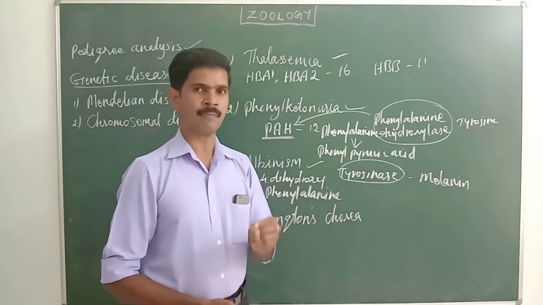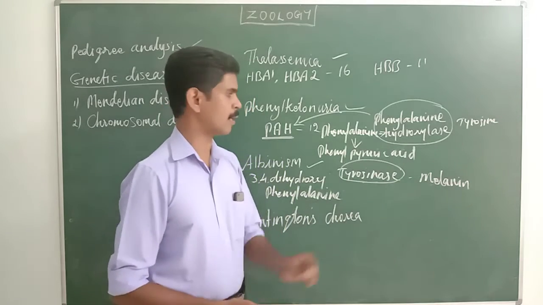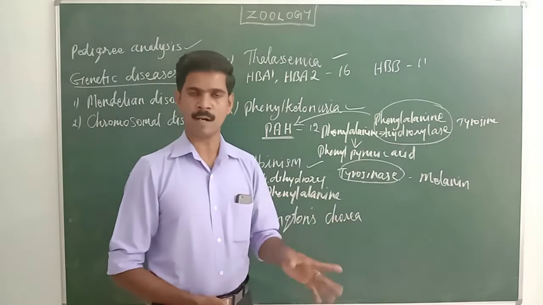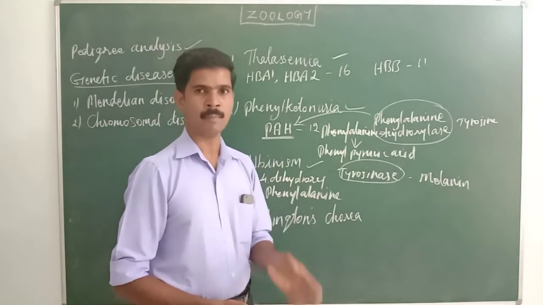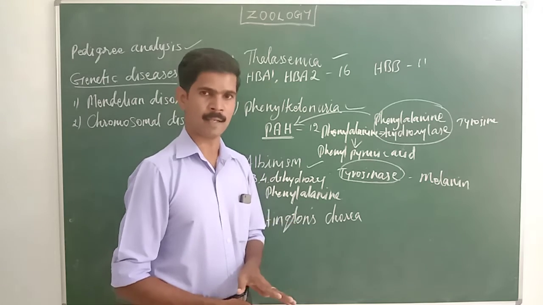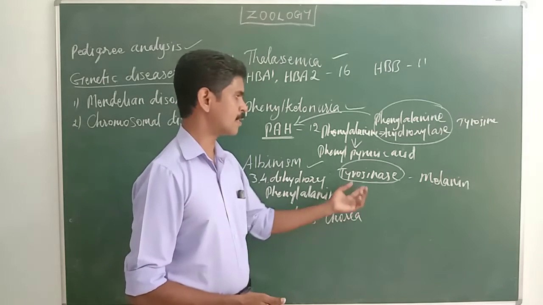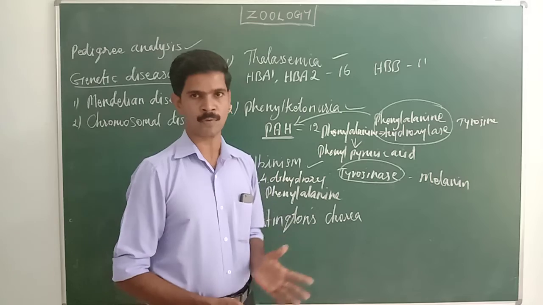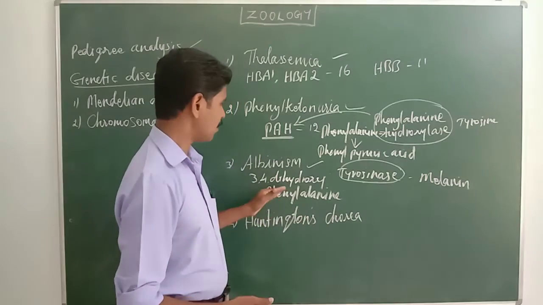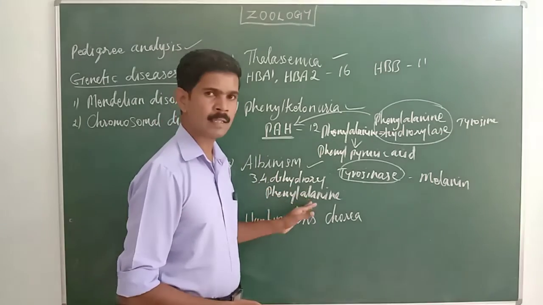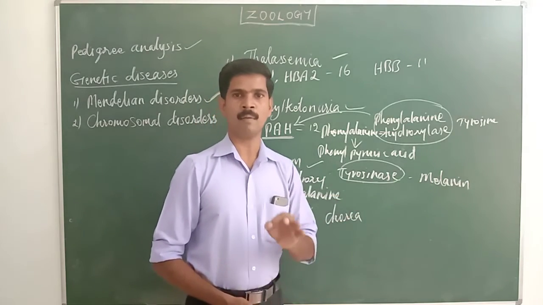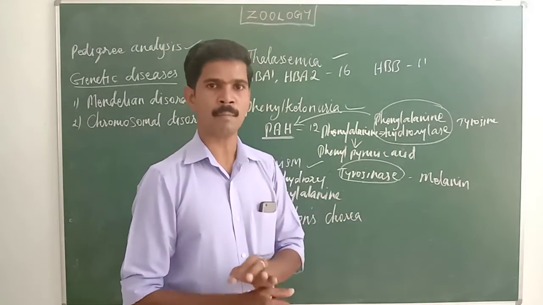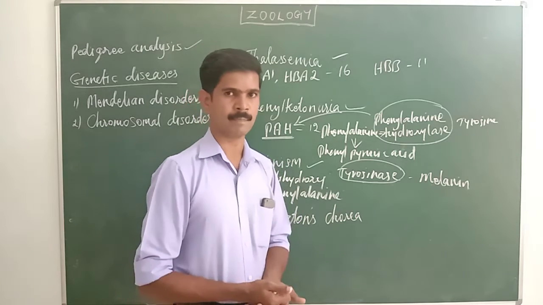In people affected with albinism, the tyrosinase enzyme is not produced inside the melanocytes. The melanocyte cells are present in the skin, but without tyrosinase, 3,4-dihydroxyphenylalanine is not converted into melanin. So in their body, the amount of melanin pigment is completely absent or reduced.